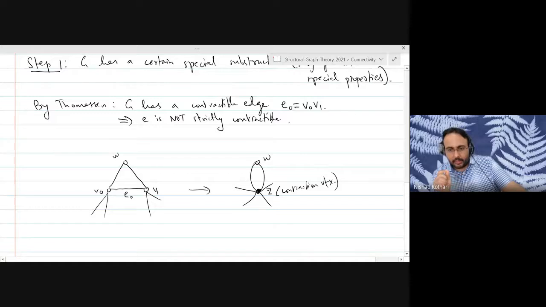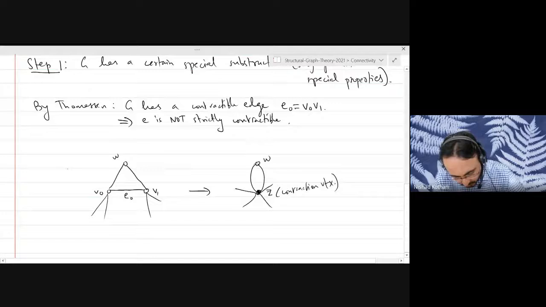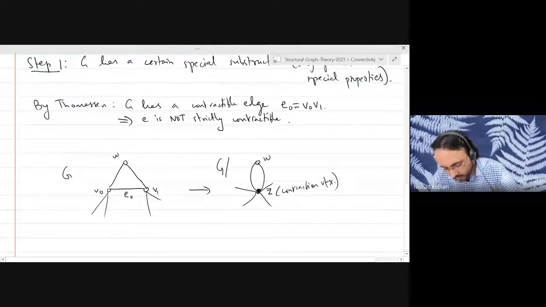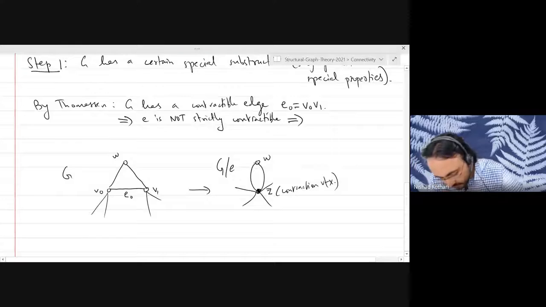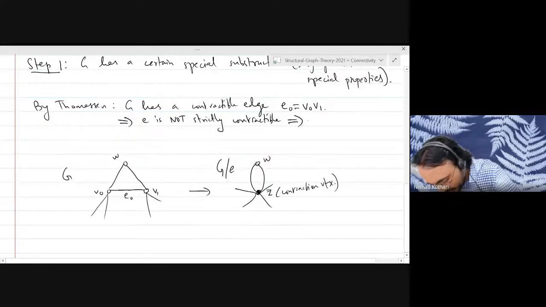That is the only way you can get a parallel edge in the contraction. This was one of the do-it-yourself exercises from last night. This implies that V0 and V1 have at least one common neighbor.